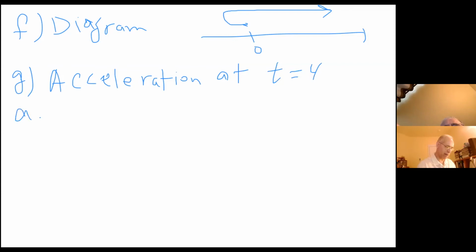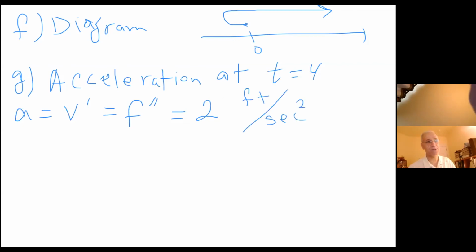Acceleration is the same as the derivative of velocity, which is the same as saying the second derivative of f, and that equals, taking the second derivative, I get only 2. 2 what? 2 feet per second squared, the unit for acceleration. And so as you can see, the acceleration in this case is constant. No matter what time you choose, the acceleration will be 2.